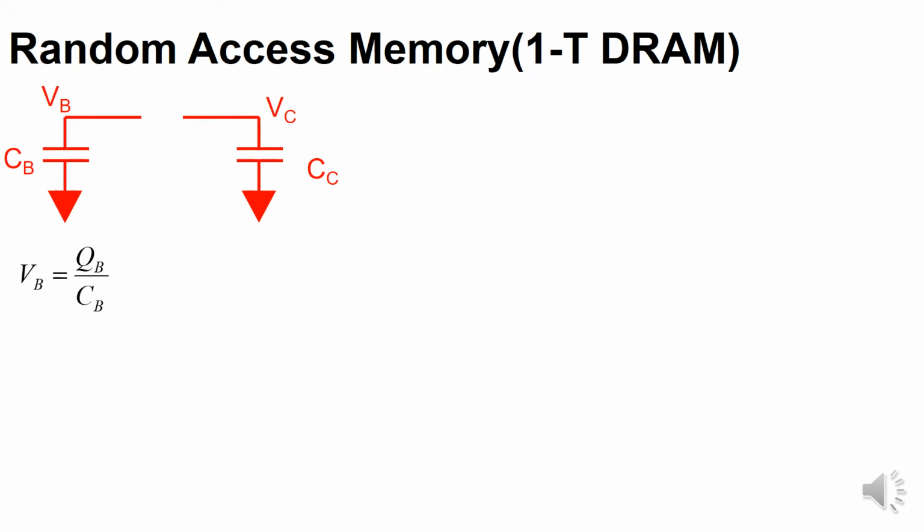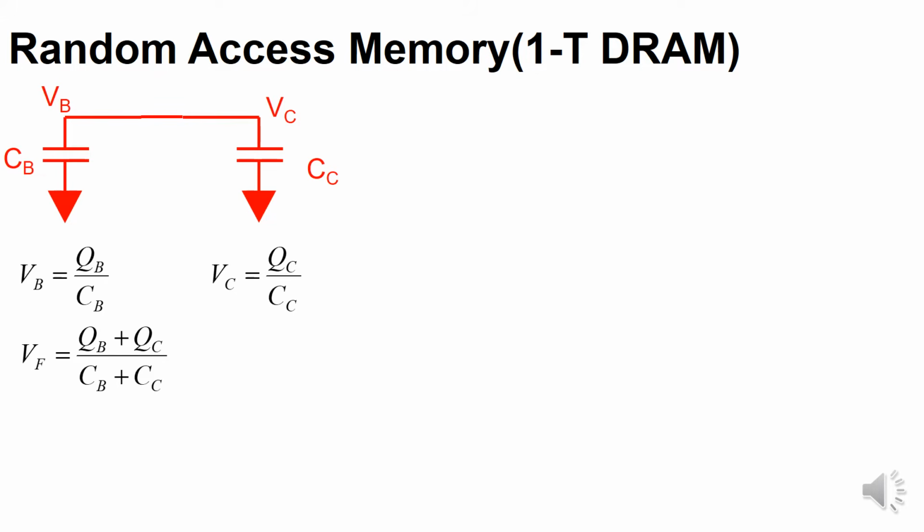Similarly, VC is given by QC by CC. Now let us assume that we connect these capacitors by switching on the MOSFET. The final voltage Vf is given by QB plus QC divided by CB plus CC.